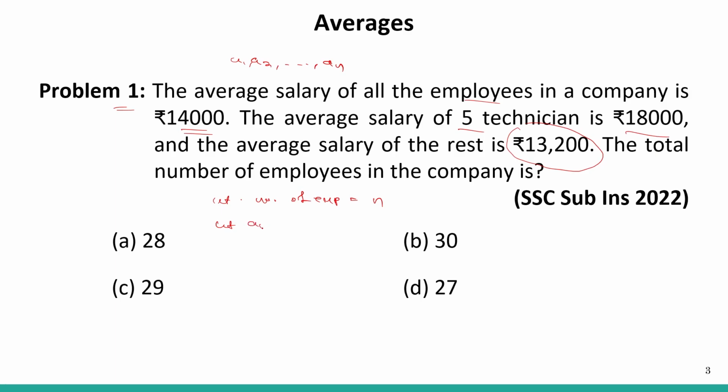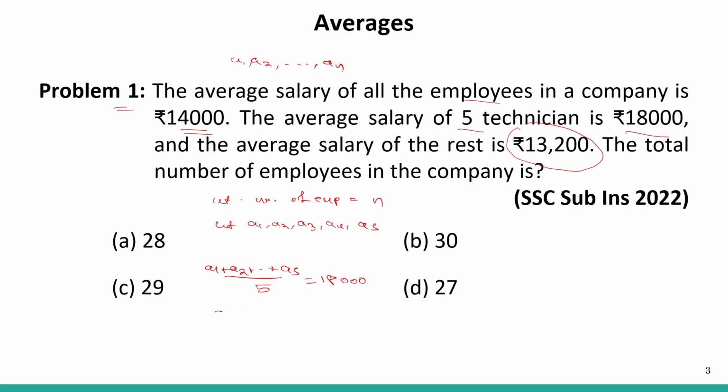Let A1, A2, A3, A4 and A5 be those 5 technicians, their salaries represented respectively. Their average salary is A1 plus A2 up to A5, whole by 5, which is equal to 18,000.